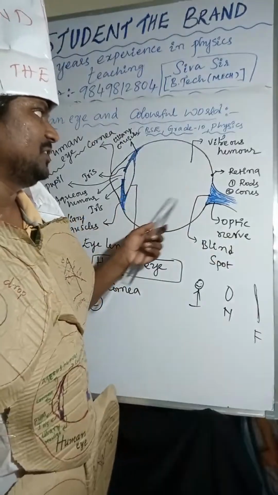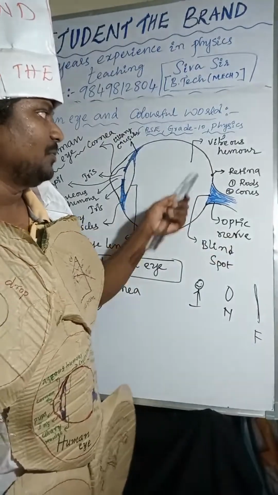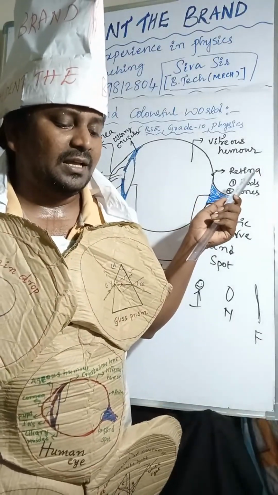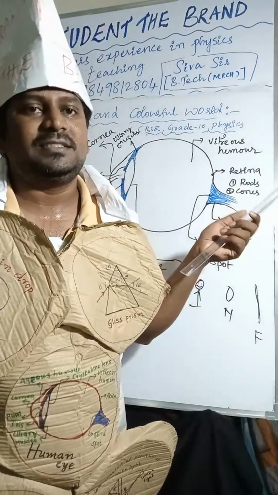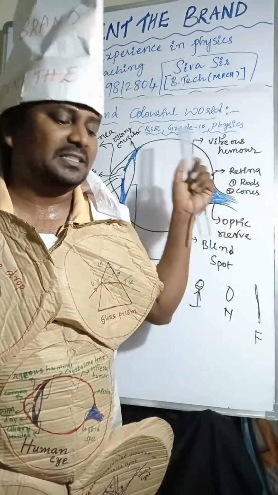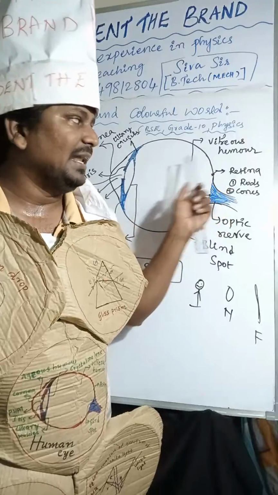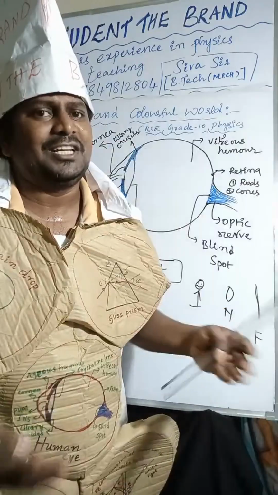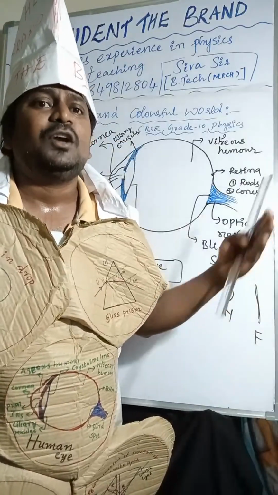Vitreous humor is the jelly-type liquid present between the eye lens and the retina. It provides sufficient force and pressure to maintain the shape.